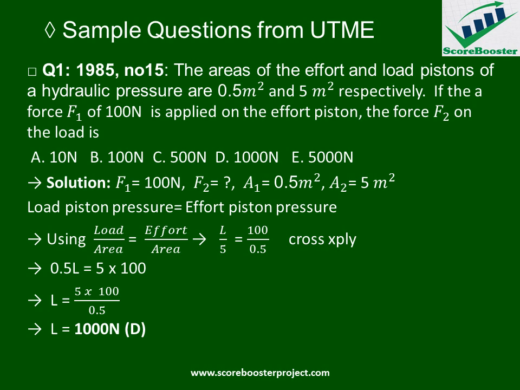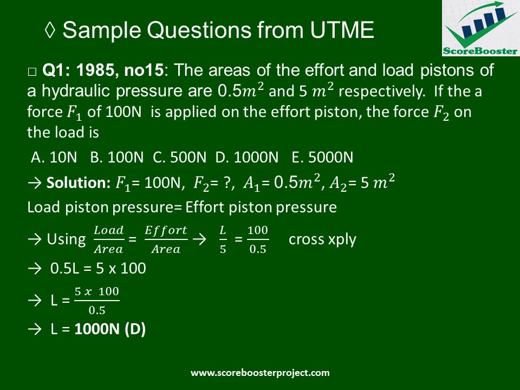If the force F1 of 100 Newton is applied on the effort piston, the force F2 on the load is dash. Now we have option A to be 10 Newton, option B to be 100 Newton, option C to be 500 Newton, option D to be 1000 Newton, while option E is 5000 Newton.